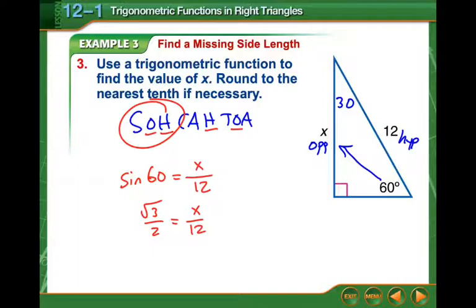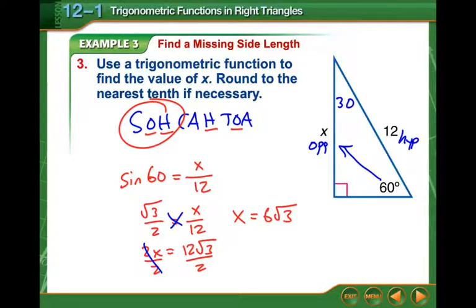So now, all we have to do is just multiply this out, or cross multiply it. So you cross multiply, we get 2x equal to 12 square root 3, and we divide both sides by 2. And x is equal to 6 square root 3.